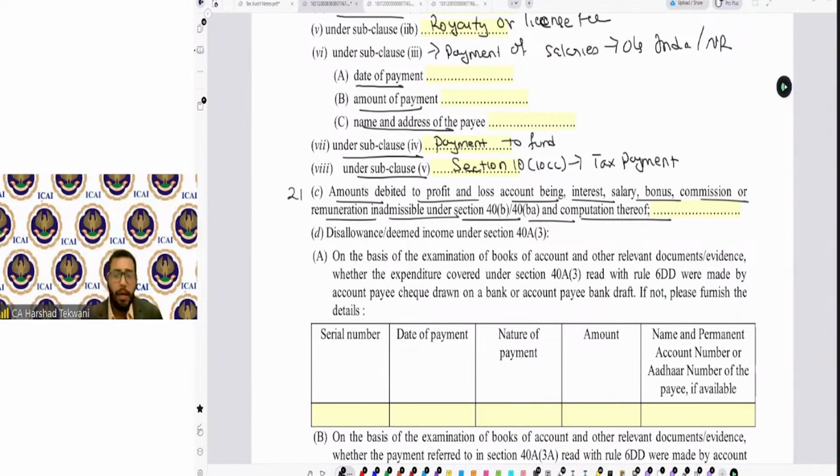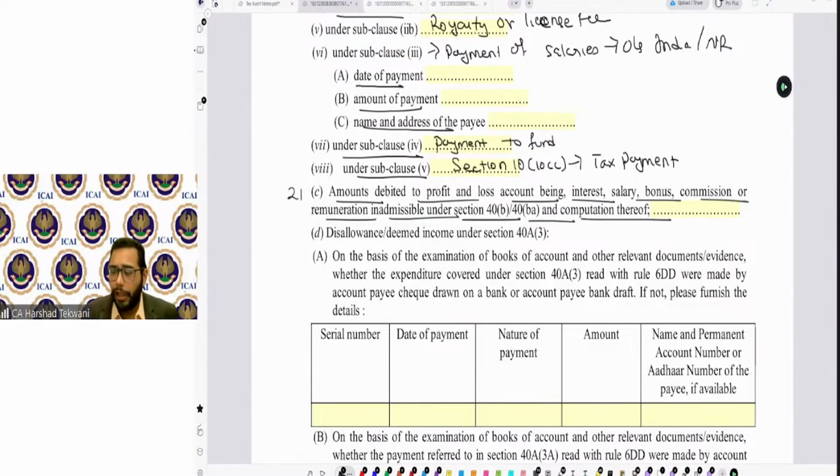And with respect to that, the computation is required to be made based on the agreement, instrument, or partnership deed, whatever is available. 40B4 talks about any payment of interest to any partner which is authorized by or in accordance with the terms of the partnership deed. And if any payment is made exceeding the amount authorized by the deed, then that amount will not be admissible as a deduction under section 40B4.